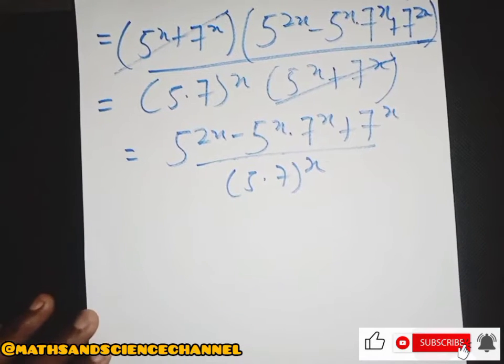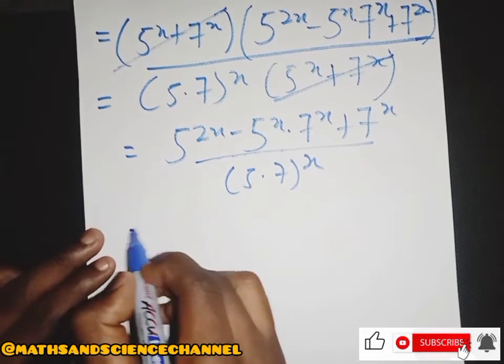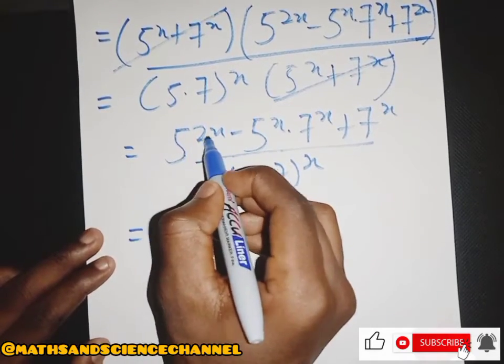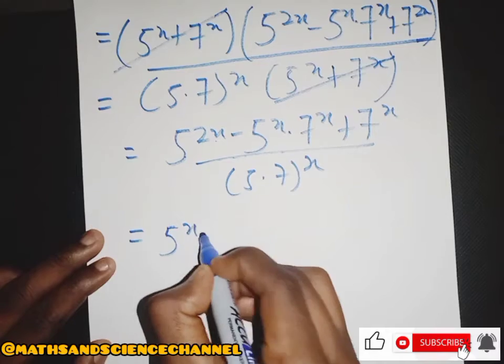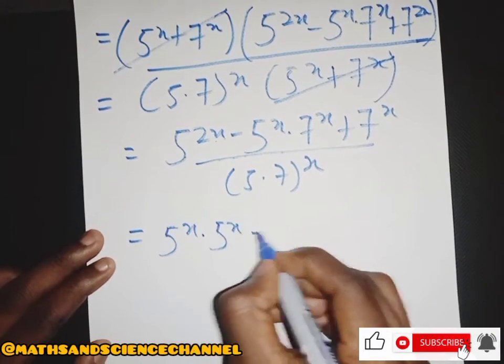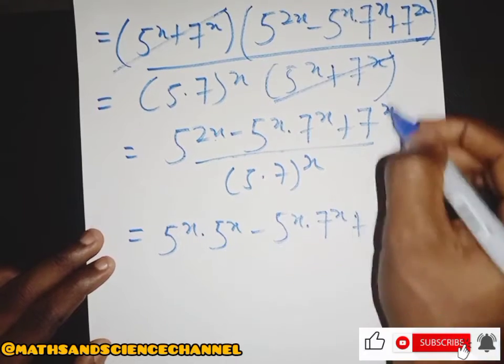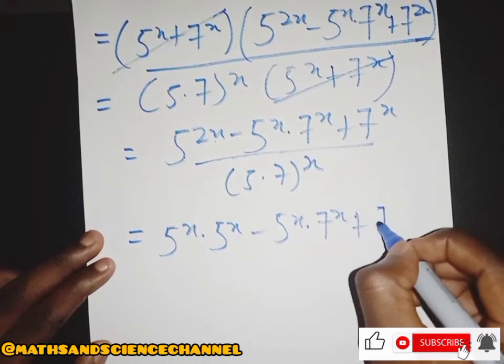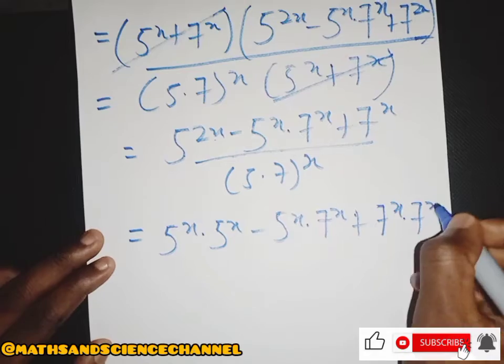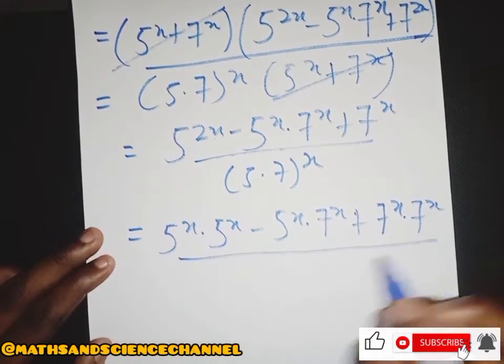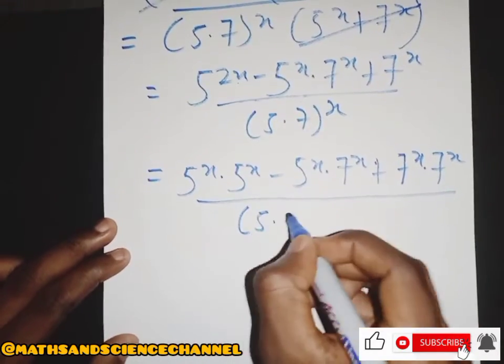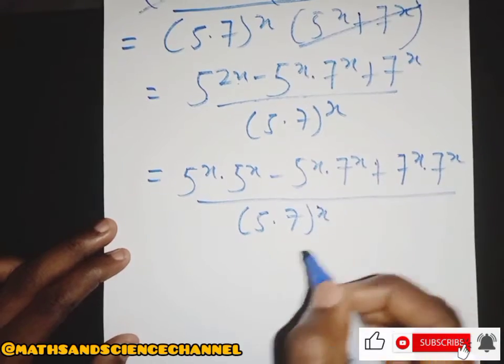Now with this 5 exponent 2x, we can write it as 5^x times 5^x here minus 5^x times 7^x, and also with the 7^2x here we can have 7^x times 7^x here, being divided by 5 times 7^x in this case.